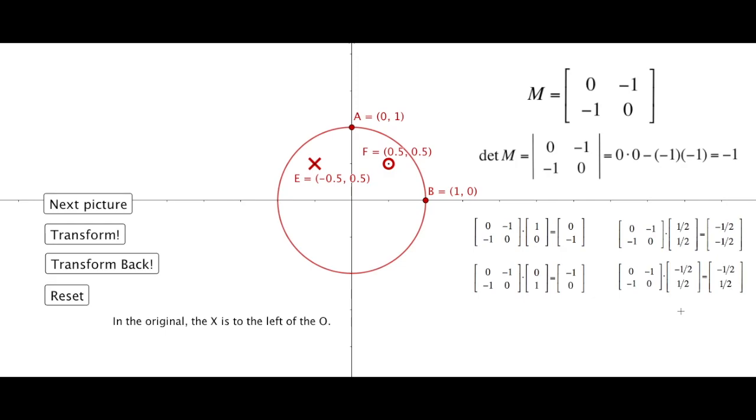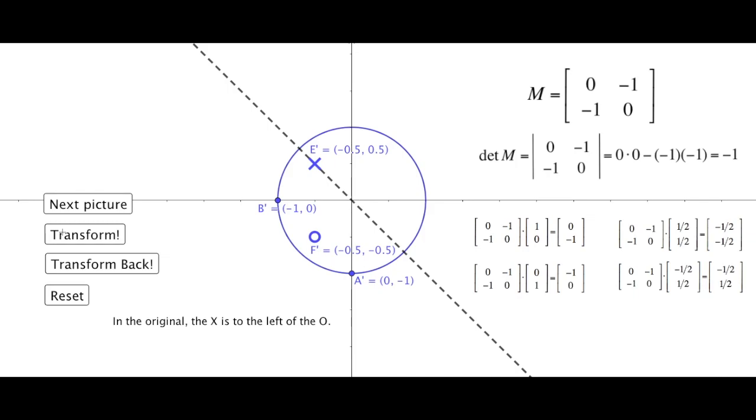I always like to be thinking about what transformation is actually occurring. So if this point is moving over here, this point over here, the X staying where it is, and the circle moving, we get that this is the reflection over the line y equals -x. So what's it going to look like after the transformation?